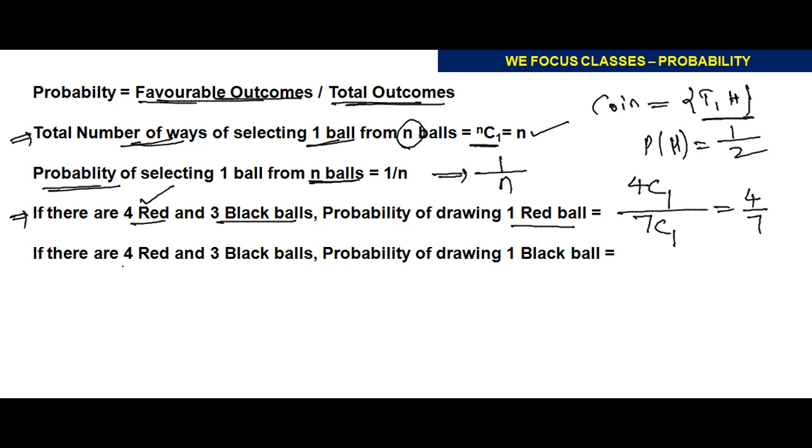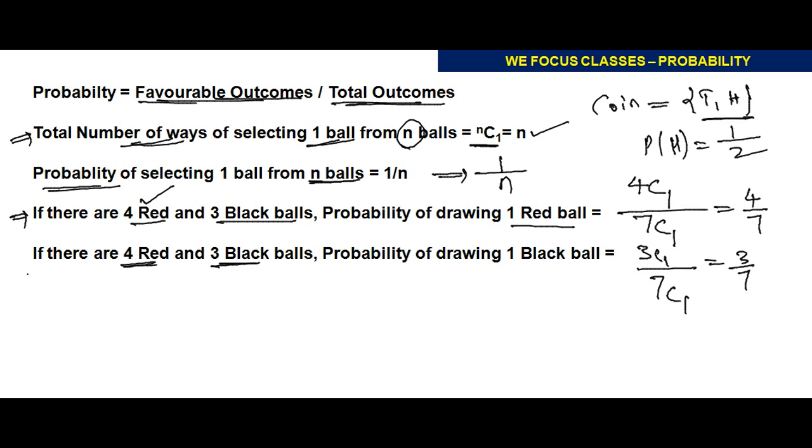And if there are 4 red balls and 3 black balls, what is the probability of drawing one black ball? There are 7 balls, so out of these 7 balls, that is 7C1, and you want only a black ball, that is 3C1. The favorable outcomes are 3C1. So you'll be getting 3/7.